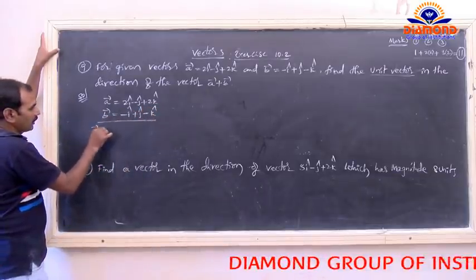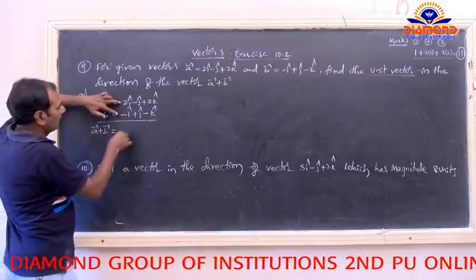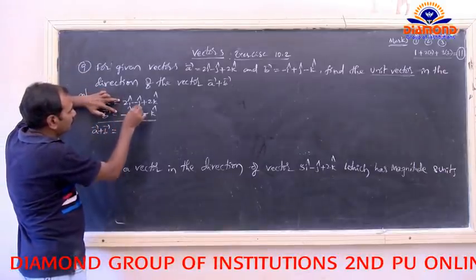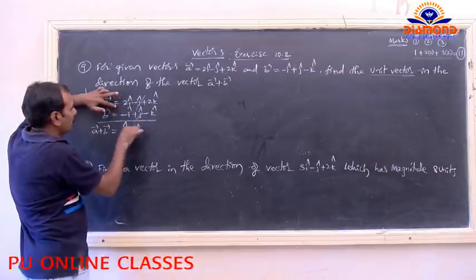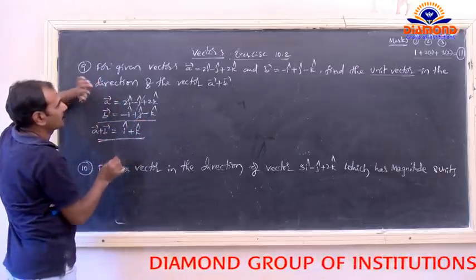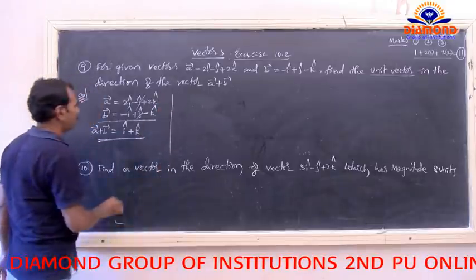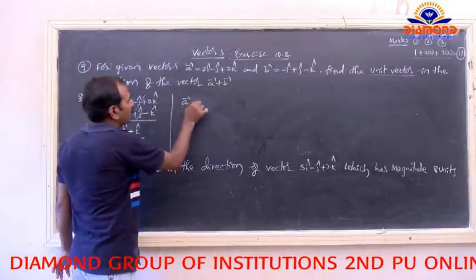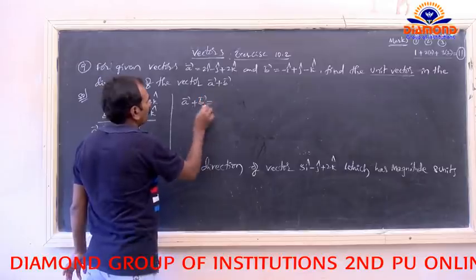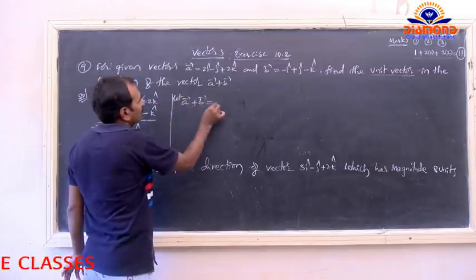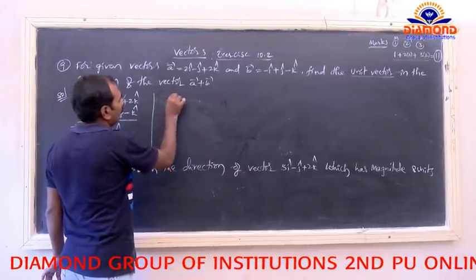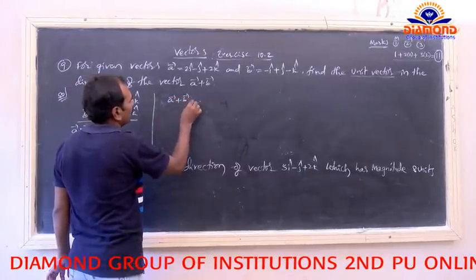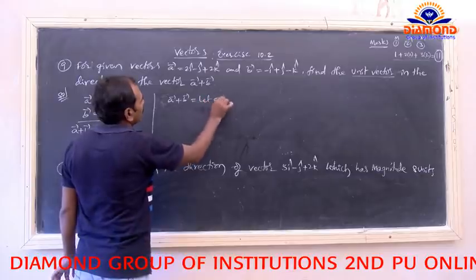Sum of the vectors is A plus B vector equal to i cap, j cancels, plus k cap. So this is the resultant vector A plus B. Let A vector plus B vector equal to C vector.